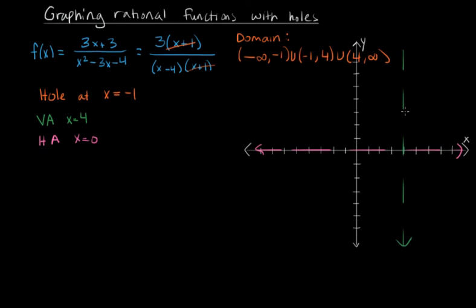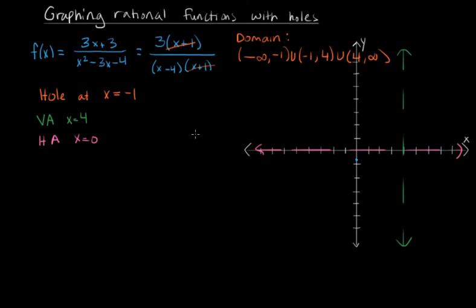All right, now let's go ahead and plug in a couple of points. At 0, it's going to be 3 over -4, so -3/4 would be right here.